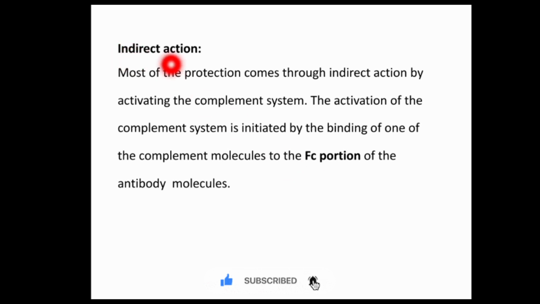In indirect action, most of the protection comes through activating the complement system. The activation of the complement system is initiated by binding of one of the complement molecules to the Fc portion of the antibody molecules. That's it.